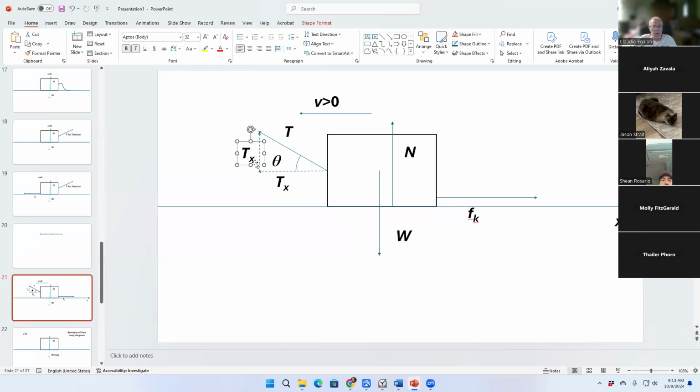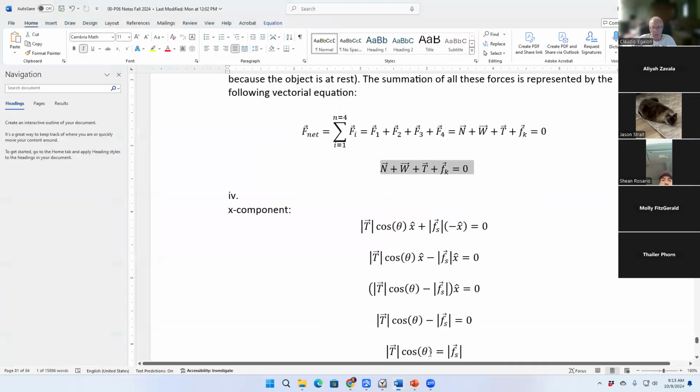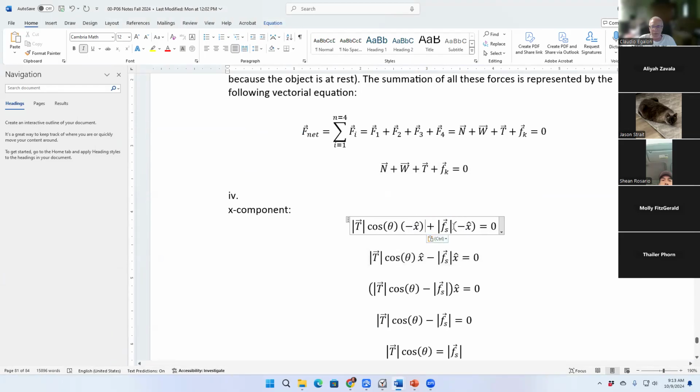Get used to this notation. Going back to my notes, T cosine of theta. Now we have a negative x hat, because the tension is to the left. And my force of friction is going to be to the right.